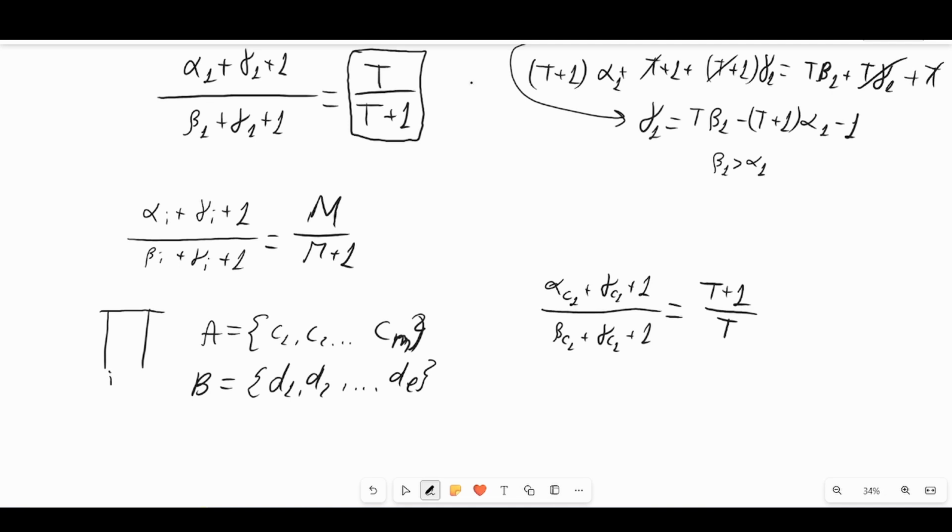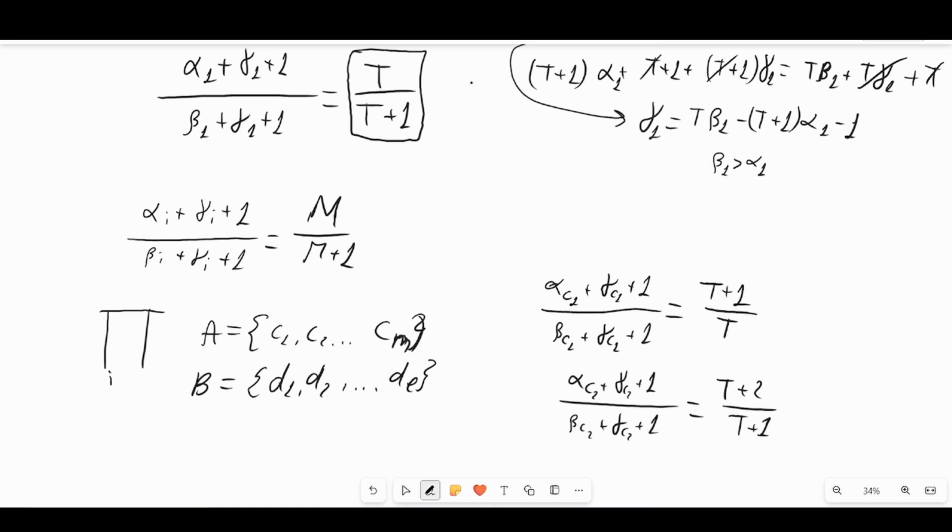Then for the second one, alpha C2 plus gamma C2 plus 1 over beta C2 plus gamma C2 plus 1, this number must be equal to t plus 2 over t plus 1. And why is this a good choice? Because if we take their product, it will be t plus 2 over t.